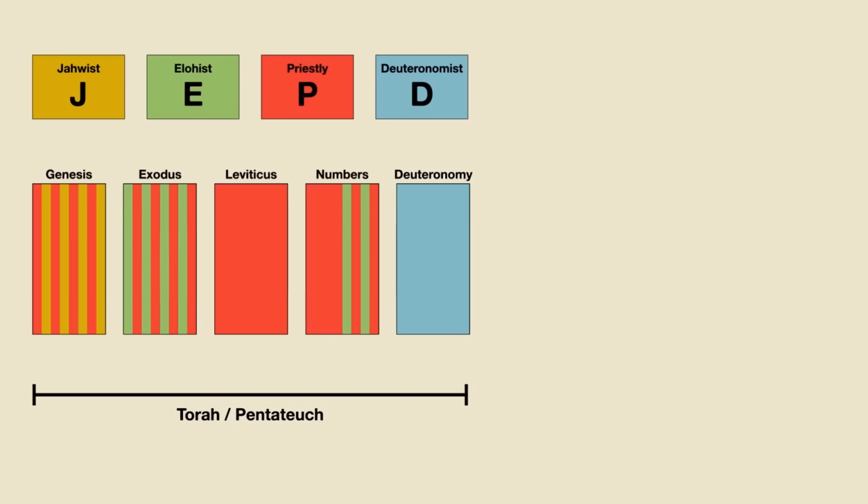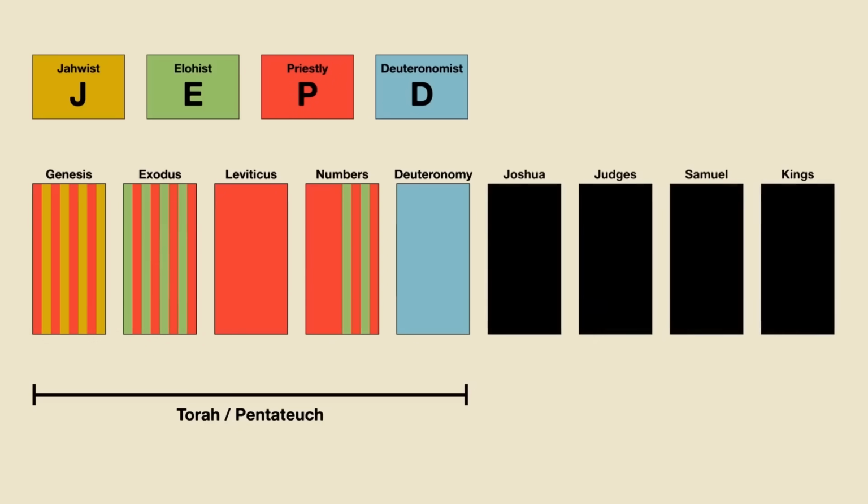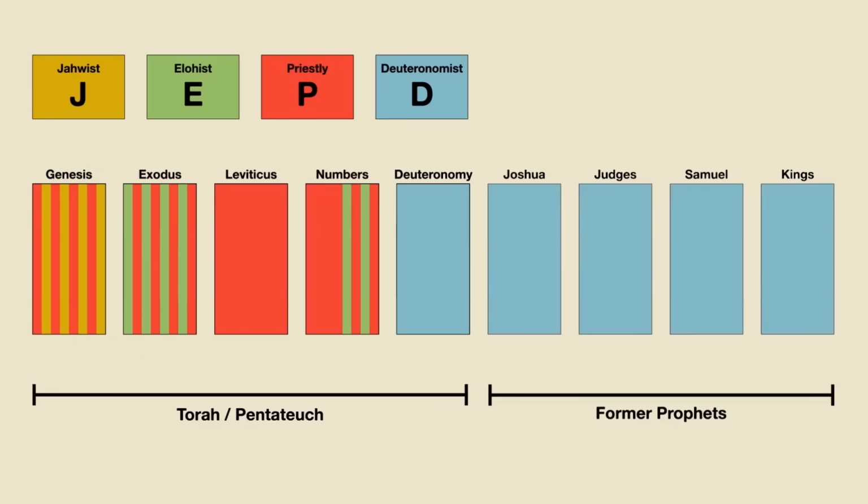Let's now place the first 4 books of the Nevi'im next to the Torah. These 4 books are sometimes called the former prophets. According to most scholars, these 4 books were written by D, or to put it more accurately, by someone from the Deuteronomist school who attempted to explain the history of Israel and Judah according to the lens given in the book of Deuteronomy.